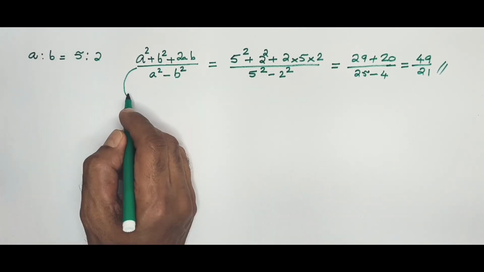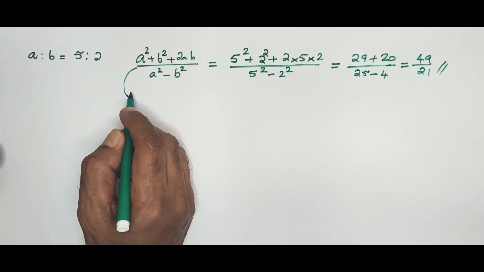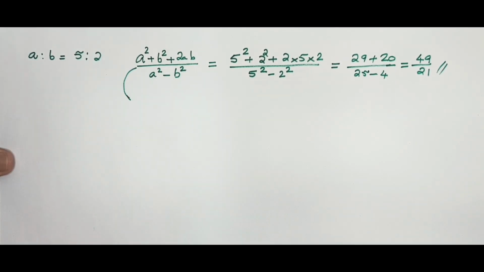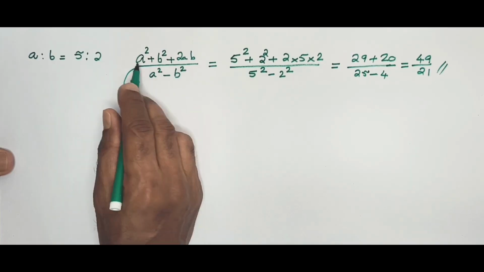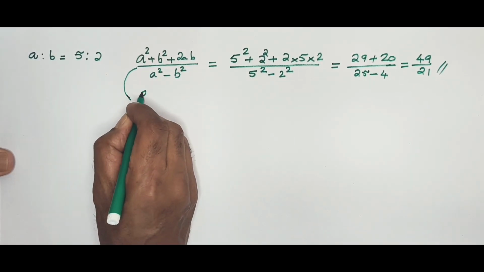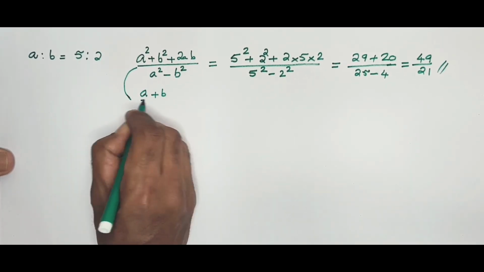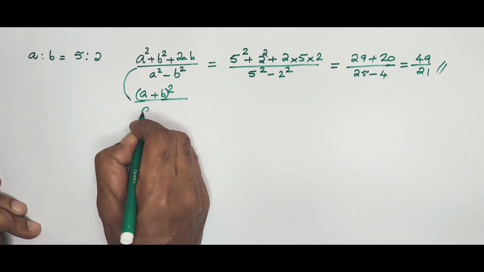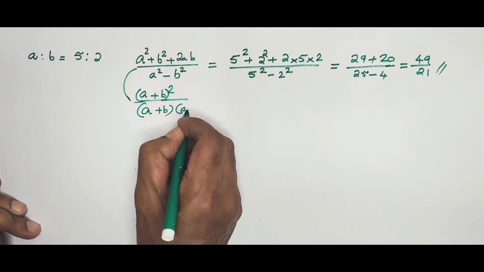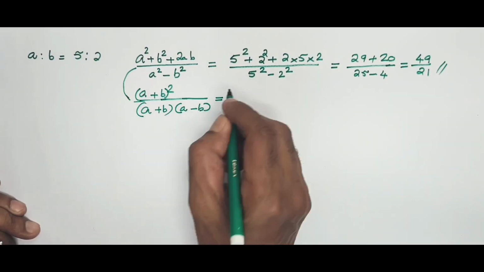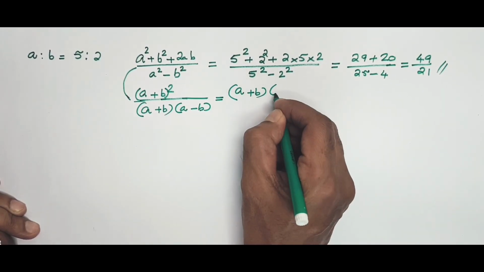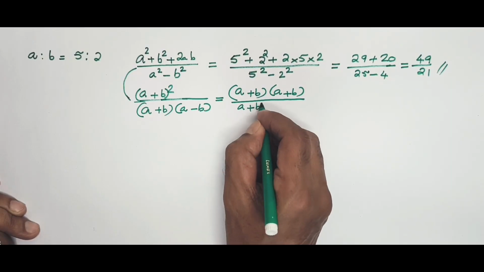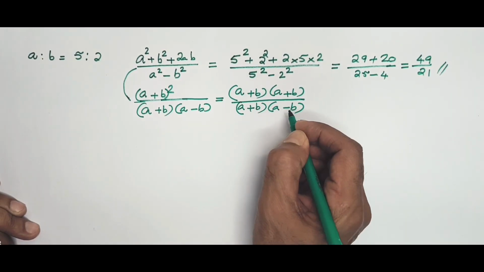In fact, there is a slightly different approach which would be even shorter than this. If you look at these algebraic expressions, you can see it's an identity. The numerator is nothing but a plus b, the whole square. And the denominator, a squared minus b squared, is a plus b multiplied by a minus b. This is a plus b multiplied by a plus b divided by a plus b multiplied by a minus b.